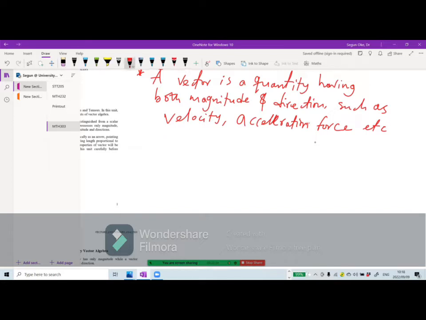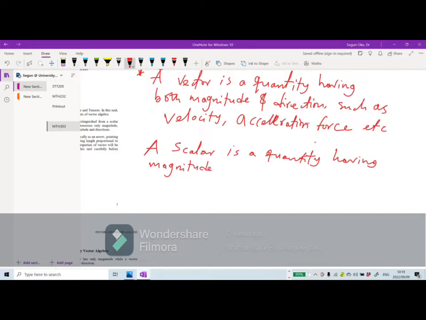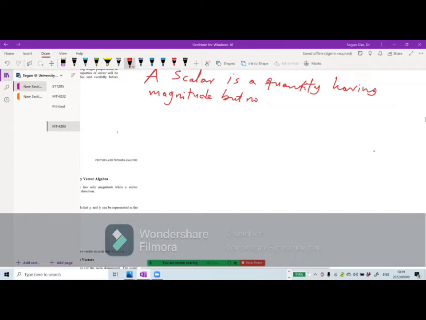A scalar is also a quantity having magnitude, but no direction. But no direction.